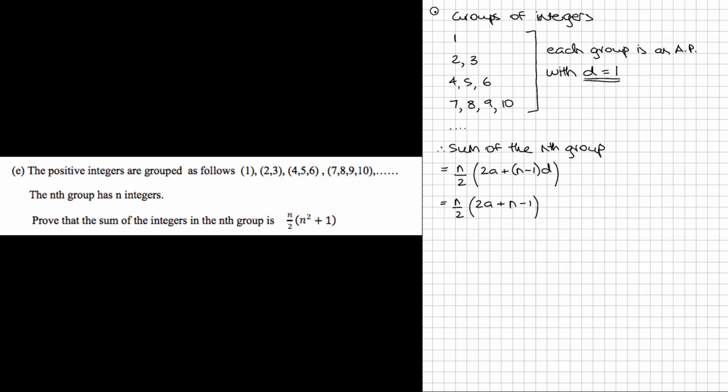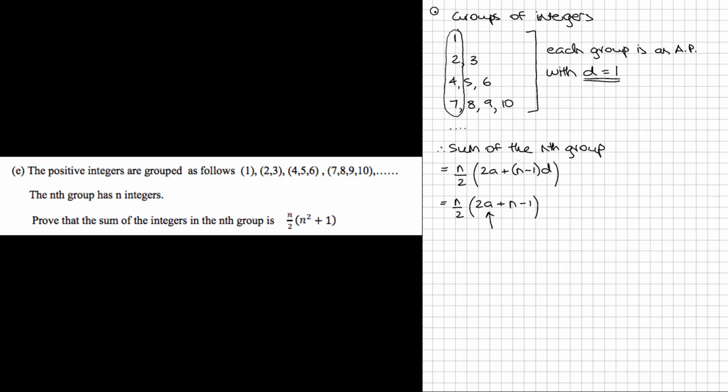So that's what we're working towards, and really the focus now becomes on what is a, because if we can work out an expression for a and substitute it in, hopefully it then simplifies to what the question has asked us to prove. So now what we need to think about is the first term in each of these groups and what pattern that follows.